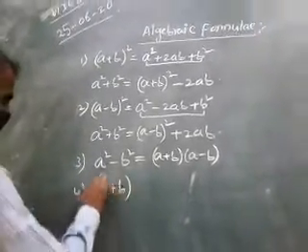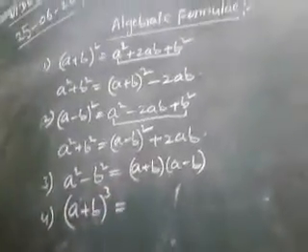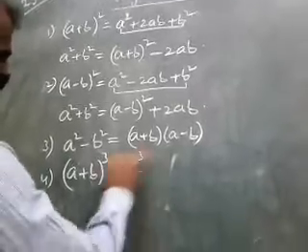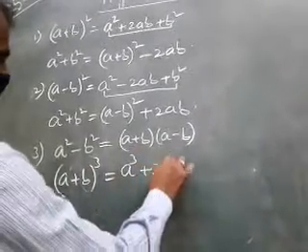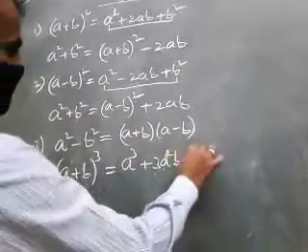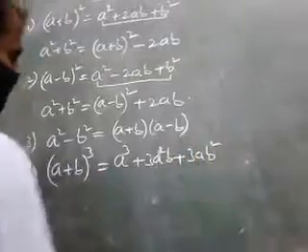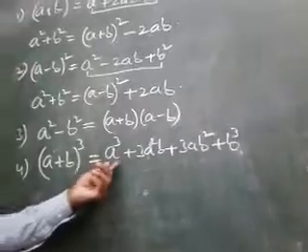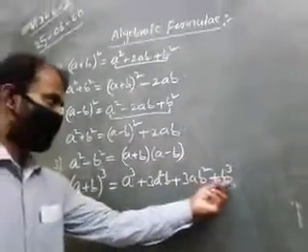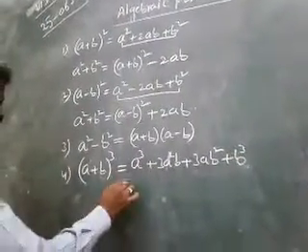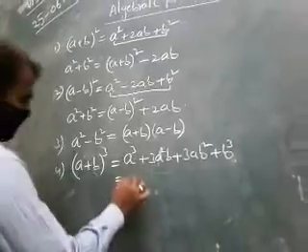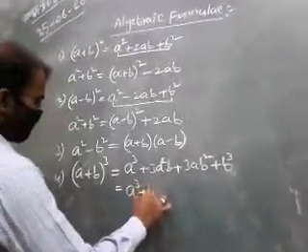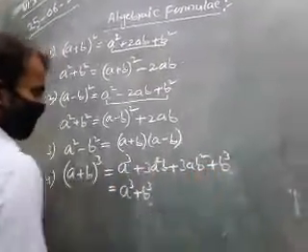(a plus b) whole cube equal to a cube plus 3a square b plus 3ab square plus b cube. Or a cube plus b cube.